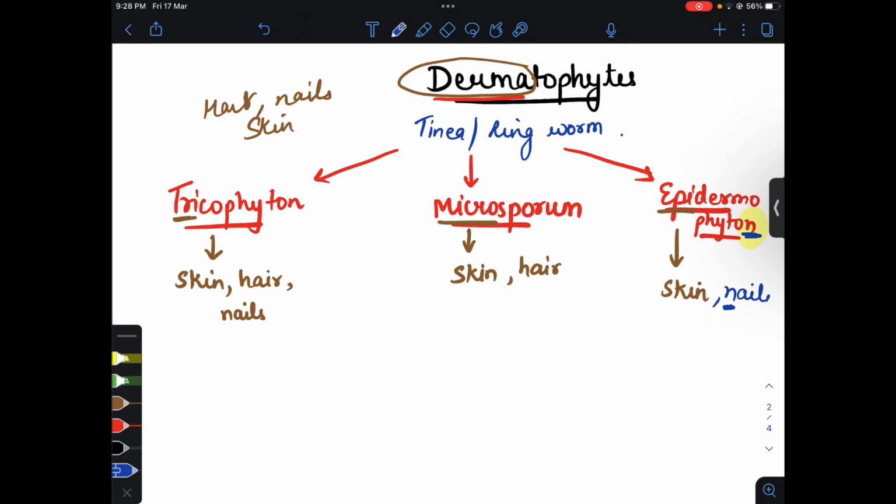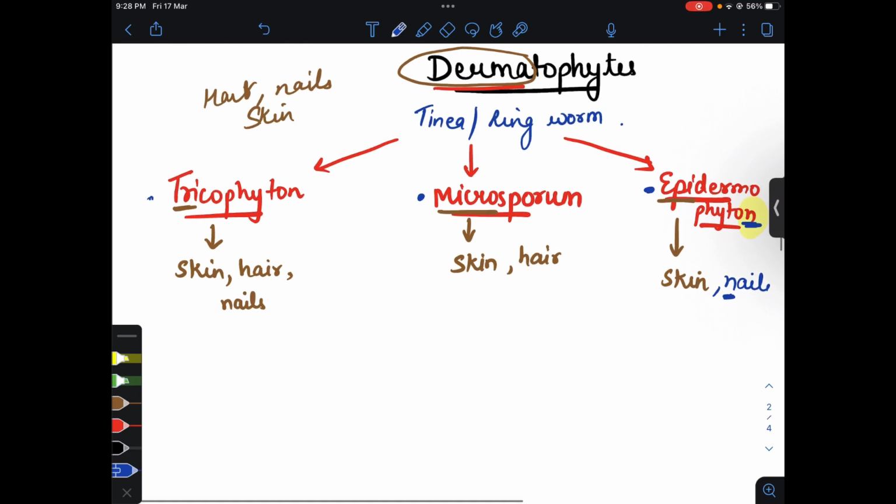This is the first difference. Please remember, in dermatophytes we have 3 groups: trichophyton, microsporum and epidermophyton. In trichophyton, tri means all 3 parts, skin, hair, nails; in microsporum, the hair is involved; and in epidermophyton, which ends with the letter N, the nail is involved along with the skin.